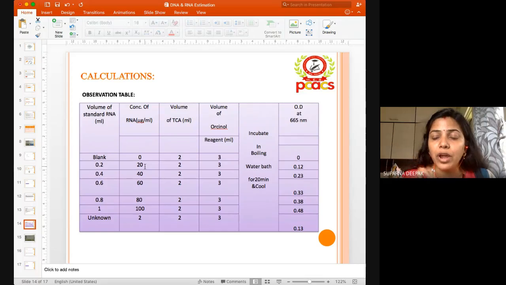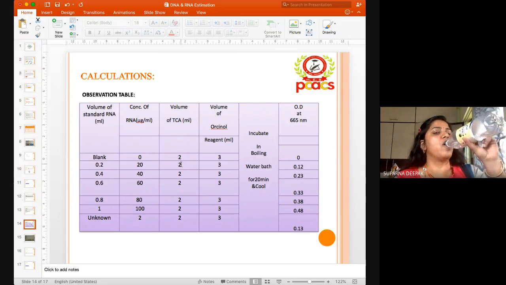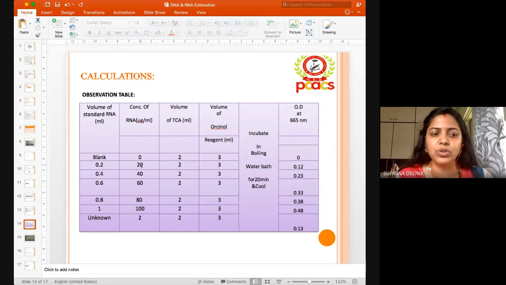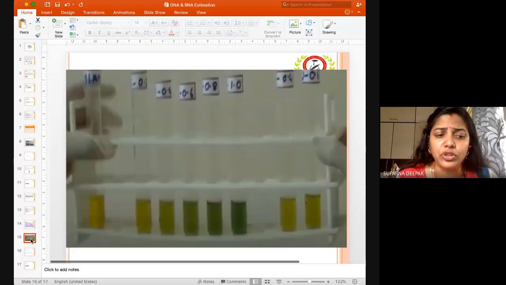So 20 upon 100 is 1 upon 5. The total volume is 2, that is this plus your TCA, and hence you will find that 0.2 is the volume of your standard that is going to be used.